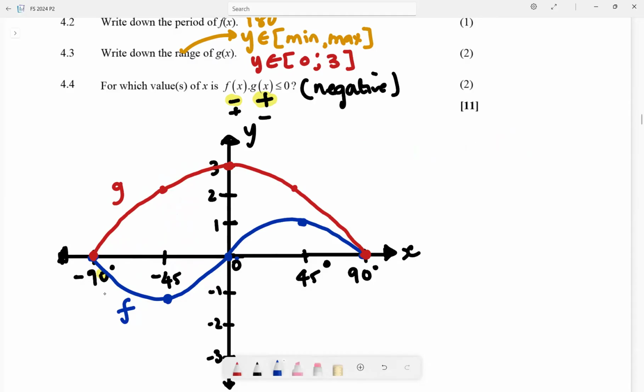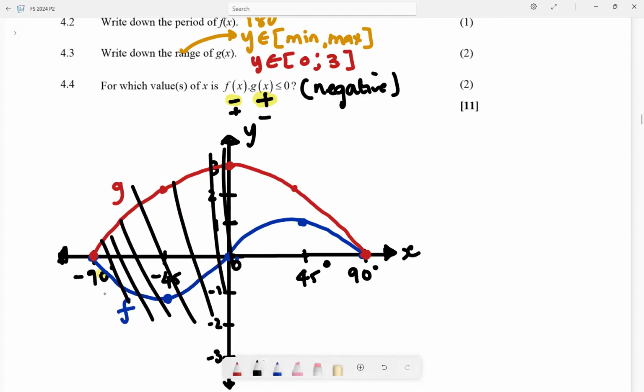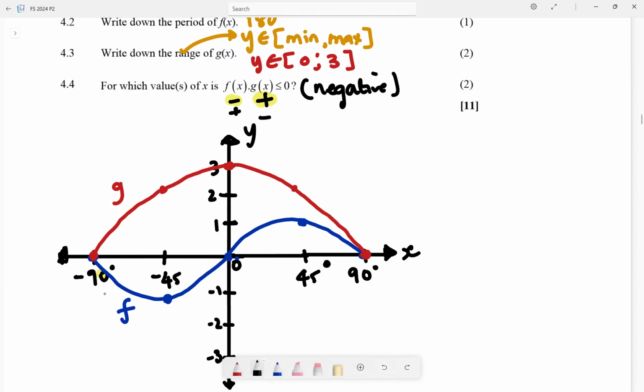Okay, we said for this one, we saw that it was this part, right? Here. There. The other one, G is positive, F is negative. So we said the first one, x is an element between what? Negative 90 degrees to 0 degrees.